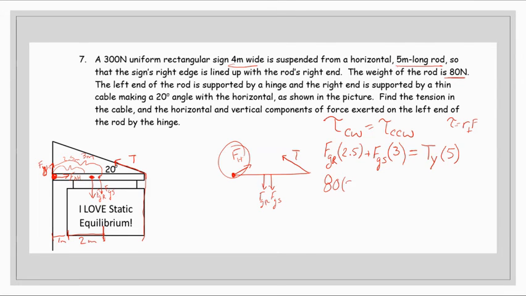So 80 times 2.5 plus 300 times 3 equals tension Y times 5, and I'm going to divide both sides by 5. I end up getting that my tension in my Y direction is going to be 643 newtons.